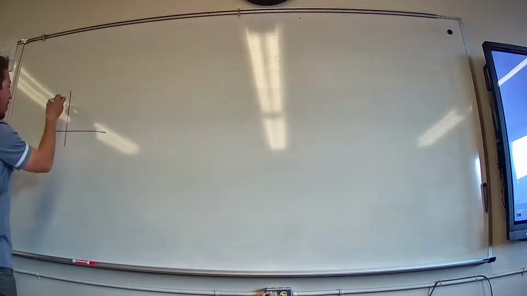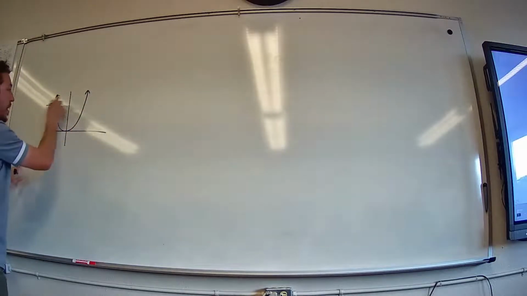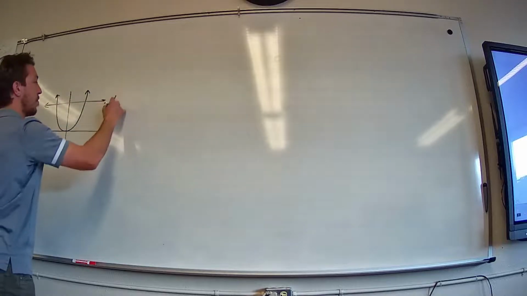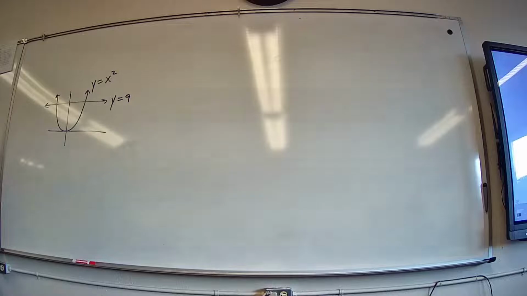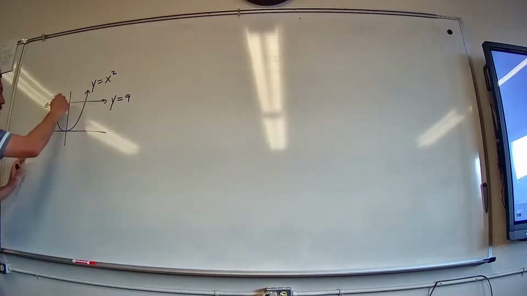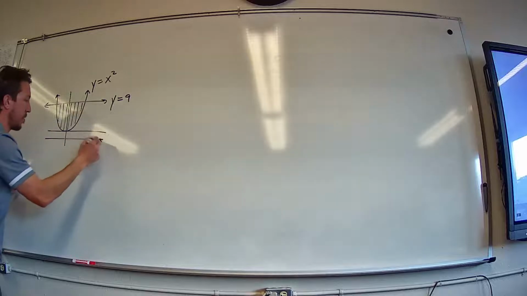So, sorry, where were we? Drawing graphic. Yeah, there's a line of x squared, and there's y equals 9. And we are about to revolve this region right here around the line y equals -1.